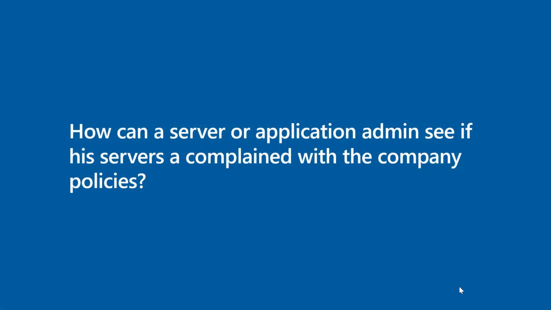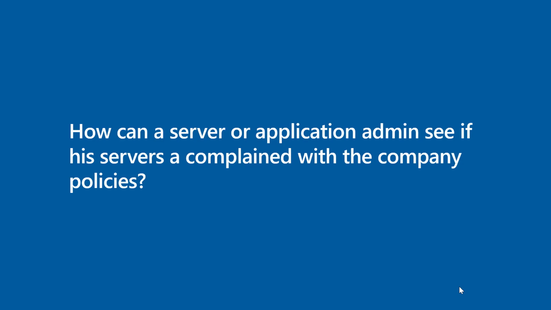So the next thing I want to talk about is how a server or an application admin can see if his servers are compliant with the company policies, right? We just saw the view of our cloud admin, which basically got a view of all the resources running in the cloud. You can see all the resources which are not compliant, which are compliant.